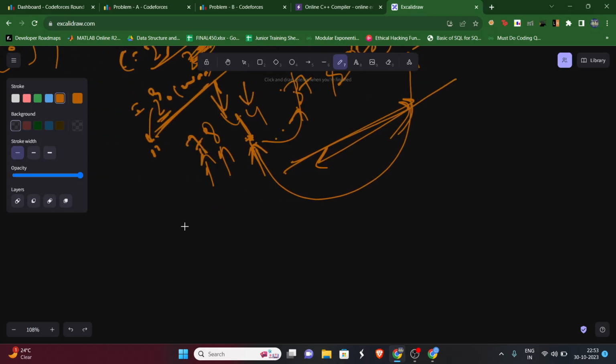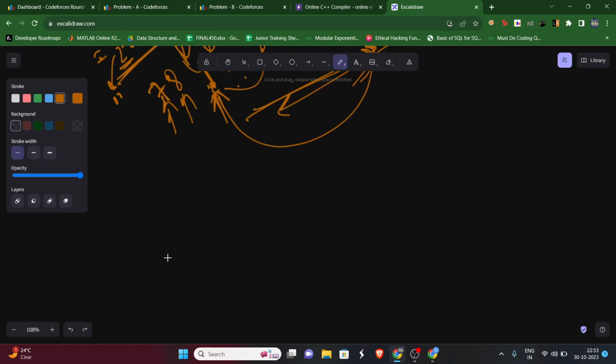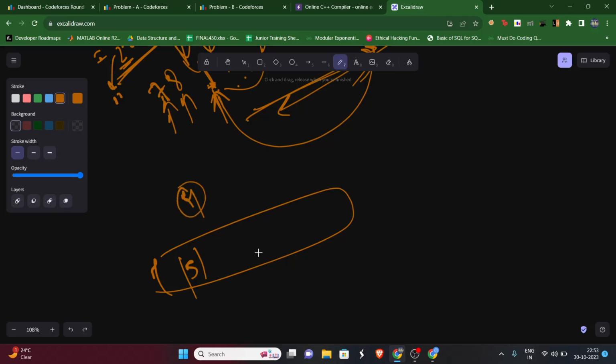Let's say I have performed some operation and here is 5. Then the next time I can perform an operation by any number less than 5, and whichever number comes first in this remaining sub array, that number will divide it.